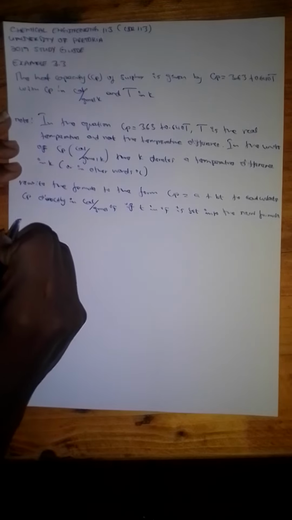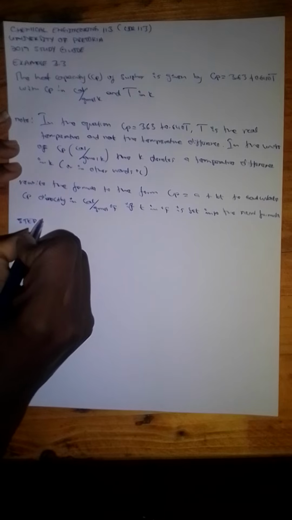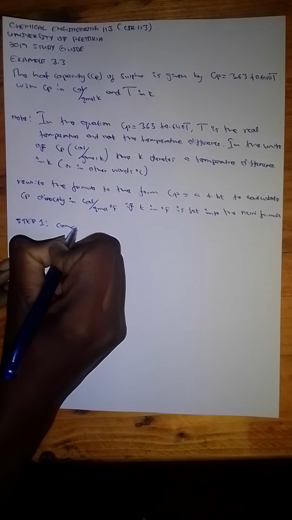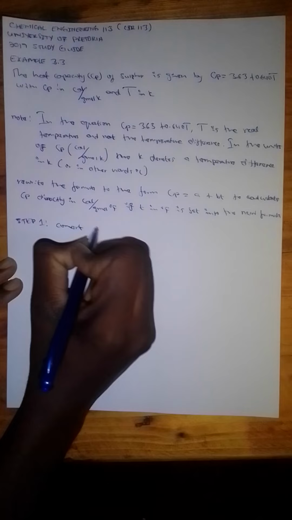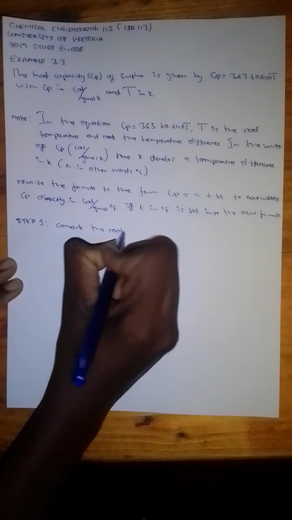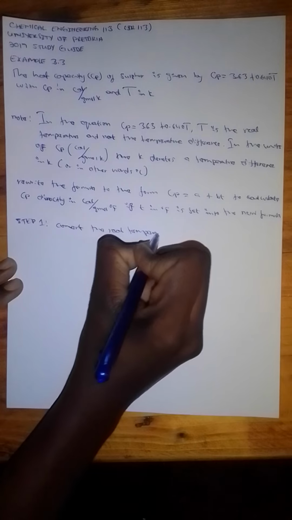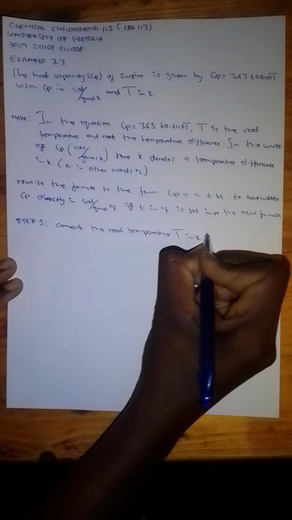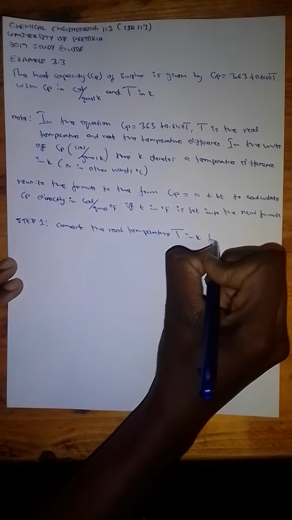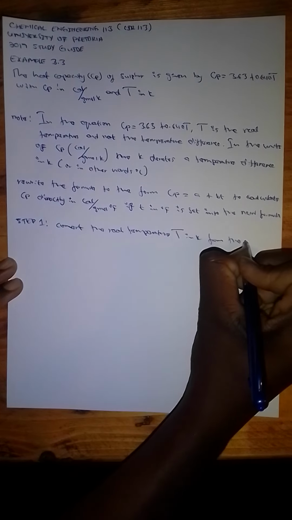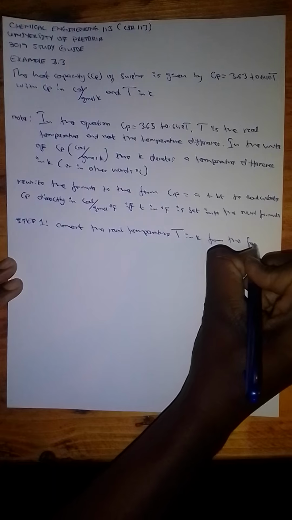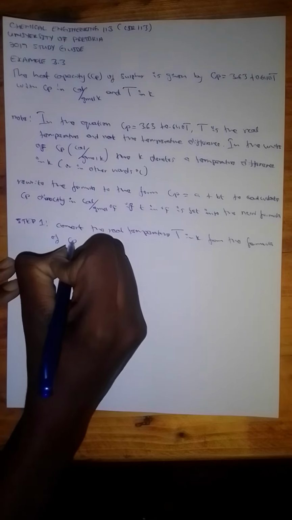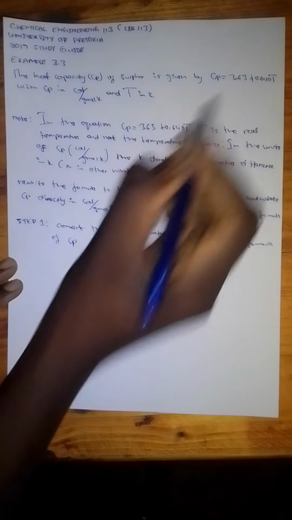Step one says: convert the real temperature T, which is in Kelvin, from the formula of Cp, that is this temperature here.